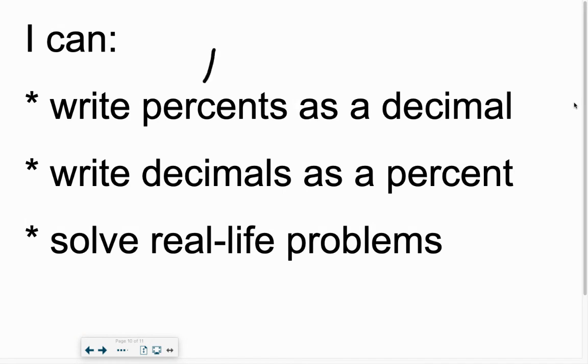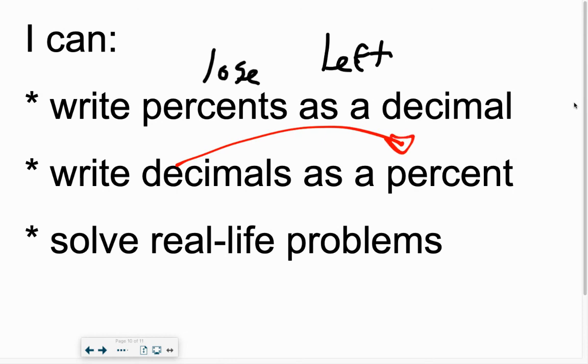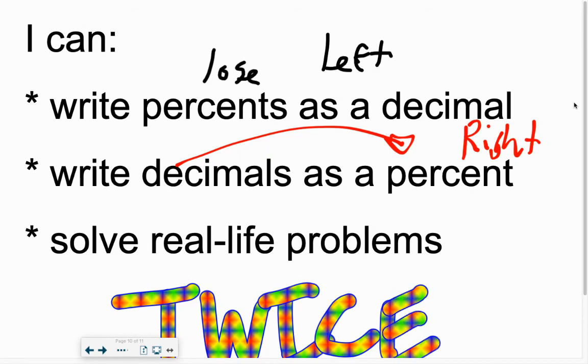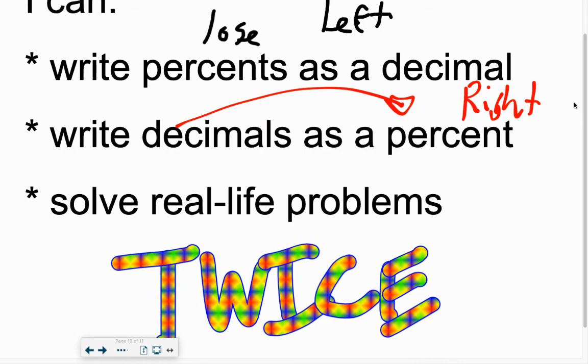Remember, when you lose the percent sign, you're going to move the decimal to the left. And if we're going back to a percent, back to me means right. And we always move it 2 times or twice. Move the decimal twice. That's what we're looking at. And then also solving those real world problems today.